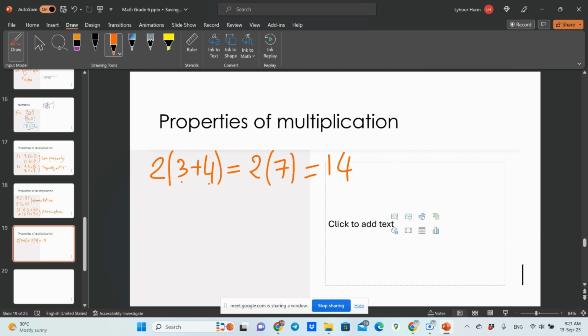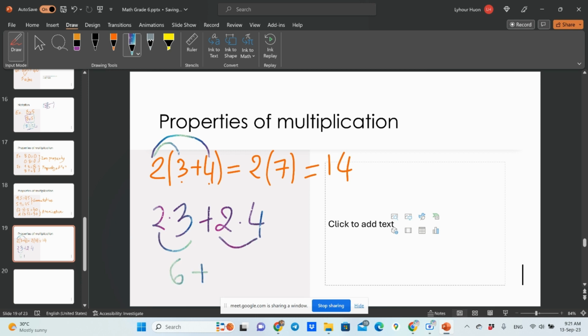But in multiplication, we have another property called distributive. So distributive is where we distribute the 2 to each number: 2 times 3 plus 2 times 4. 2 times 3 is 6, 2 times 4 is 8, and then 6 plus 8 is 14.